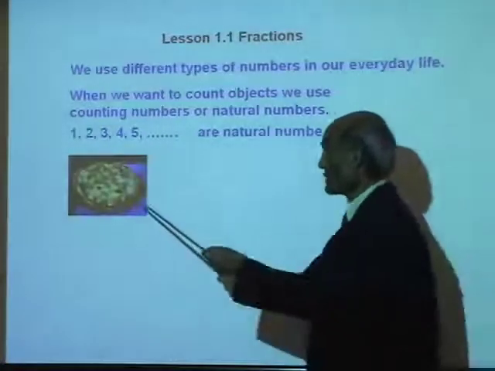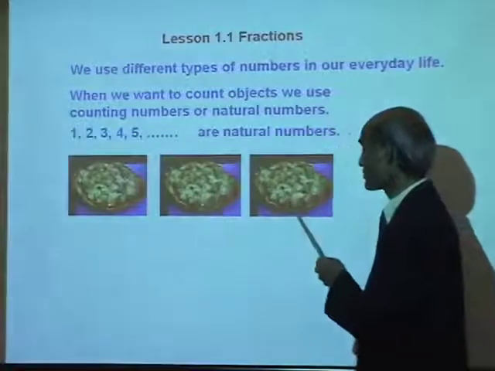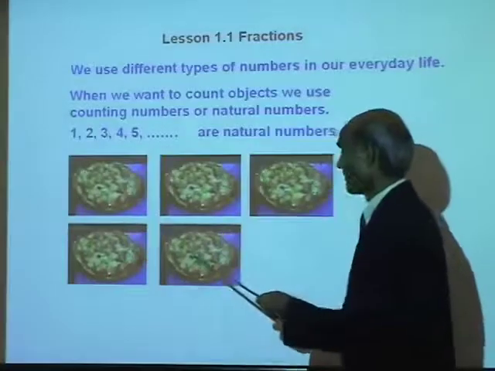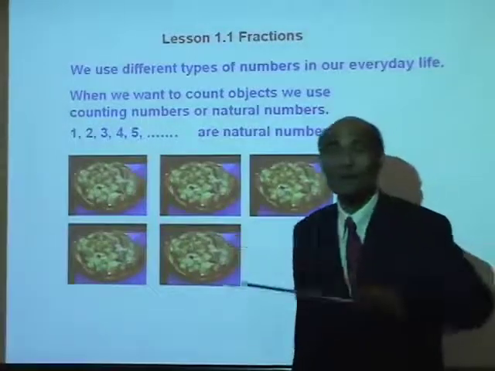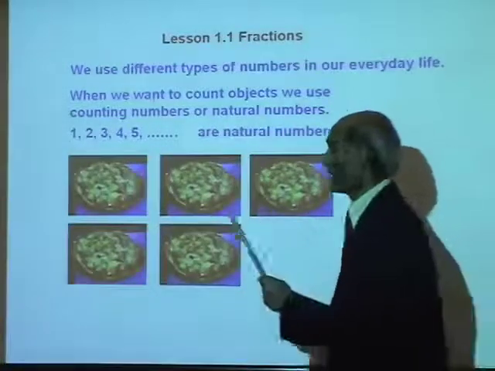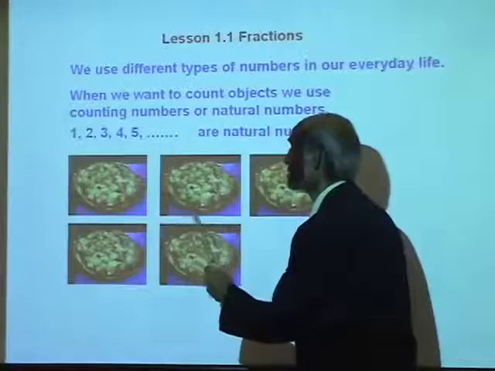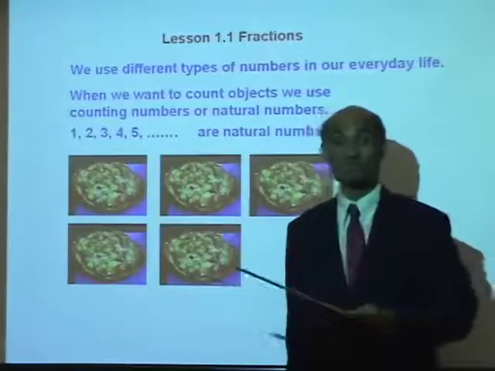Well, when you count pizzas, you can say 1 pizza, 2 pizzas, 3, 4, 5, and so on. You have counting numbers. Now, you must notice that there is nothing in between 1 and 2. From 1, you simply jump to 2.